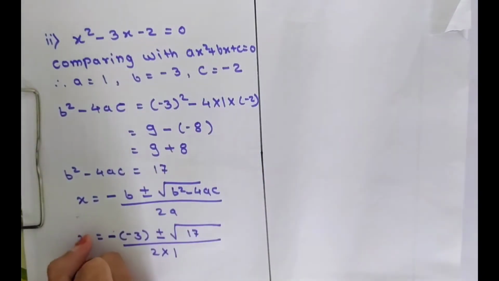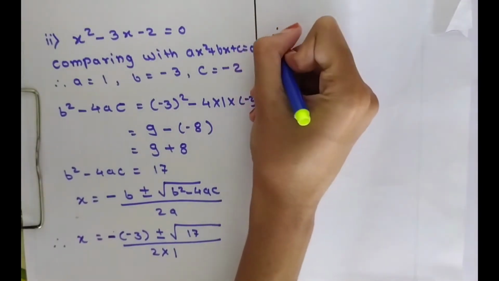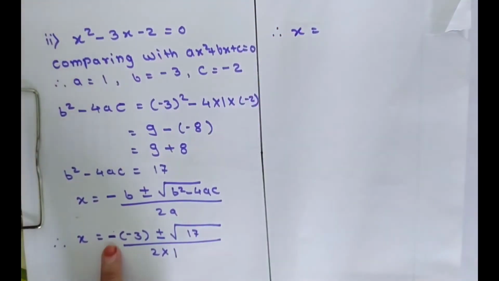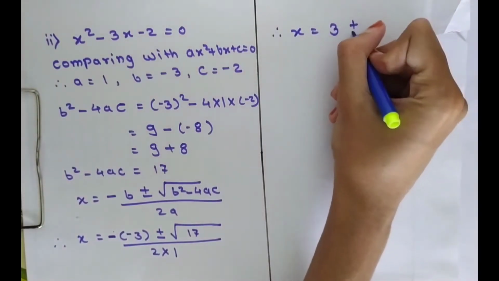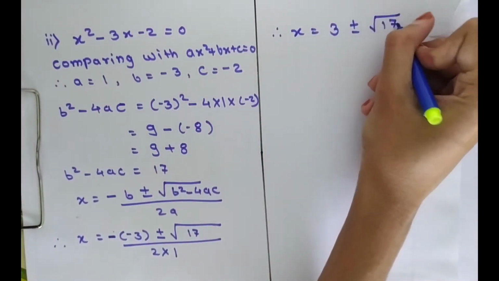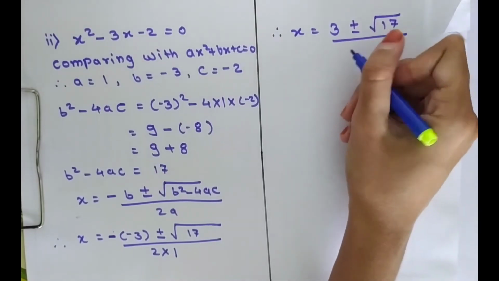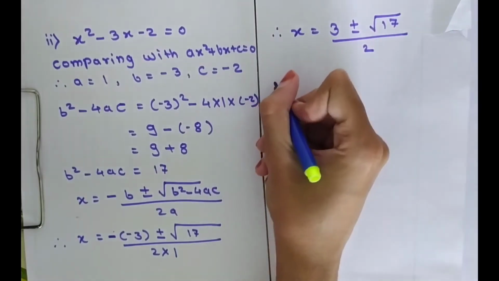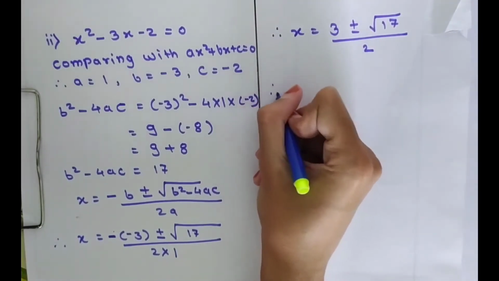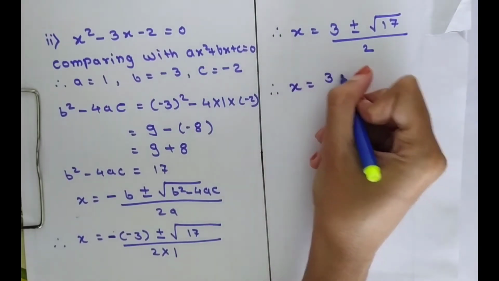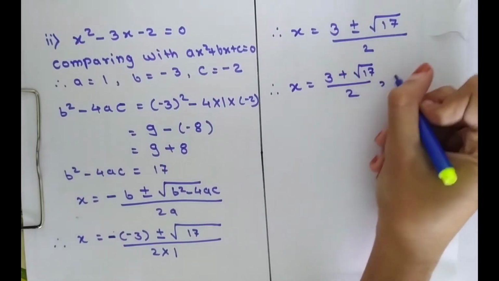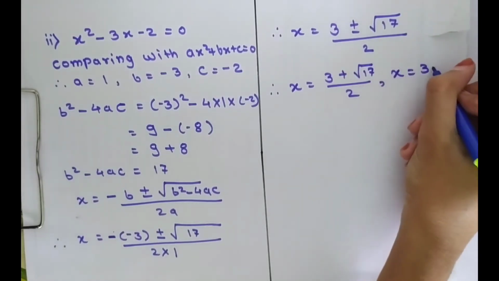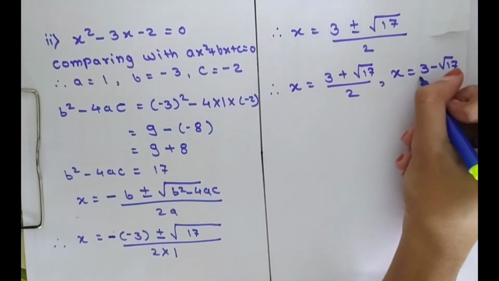So x is equal to that minus minus plus, so 3 plus or minus root 17 upon 2. So we write x is equal to 3 plus root 17 upon 2 and x is equal to 3 minus root 17 upon 2.